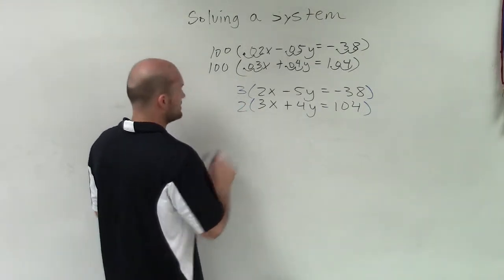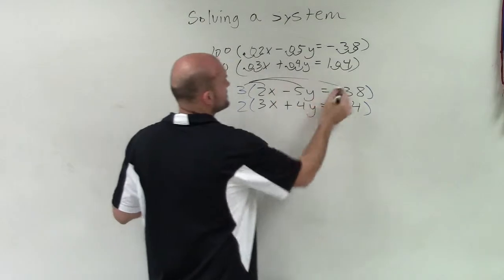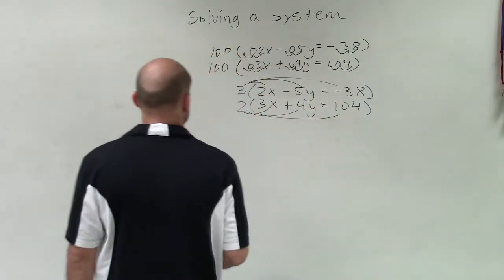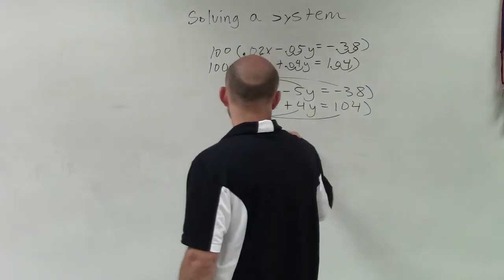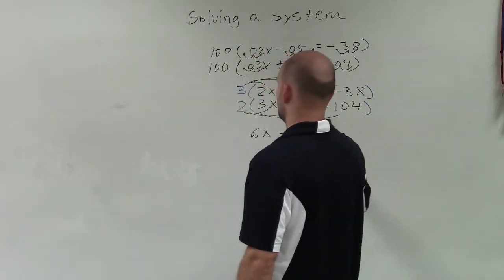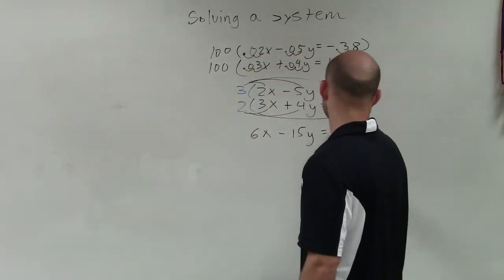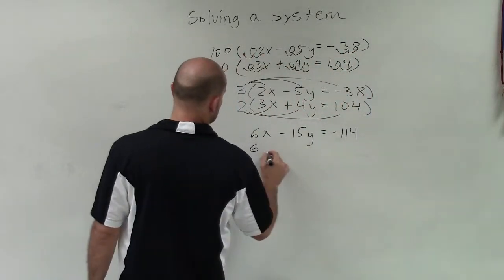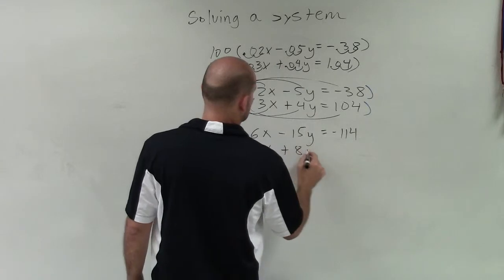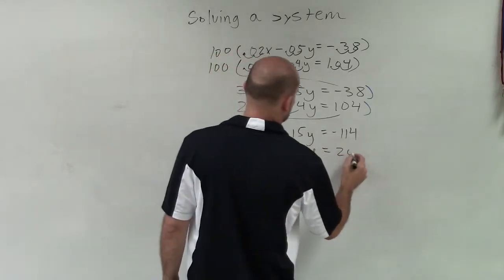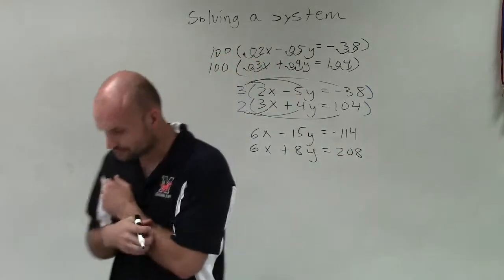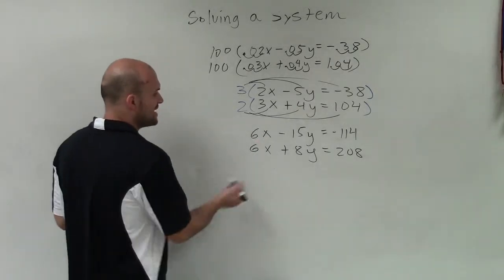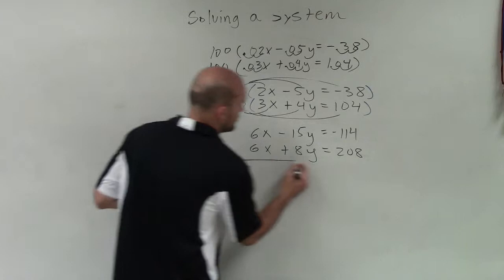I need to make sure I do that times every one of these terms. Therefore, I get 6x minus 15y equals negative 114. And over here, I have 6x plus 8y equals 208. Now I see that I can subtract the two equations, since these have the same coefficient.